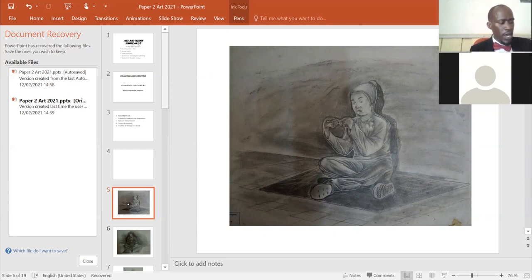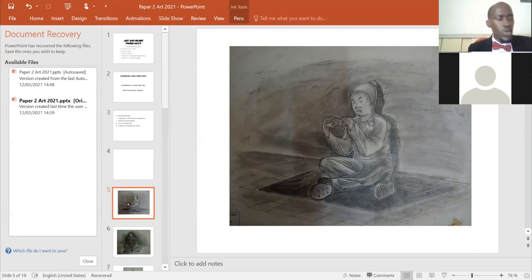Try to analyze the work in terms of interpretation. Has this particular candidate or learner interpreted the question the way it should be? Is there originality, creativity, and imagination? The relevant interpretation of the question, the correct dimensions, though the dimensions are not given here, but let me assume that the learner did put into consideration the dimensions given.